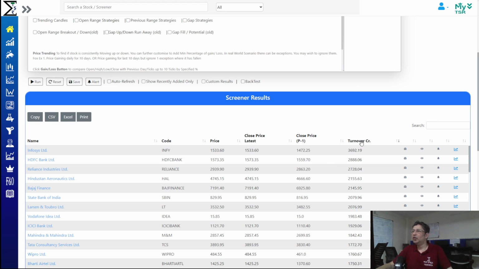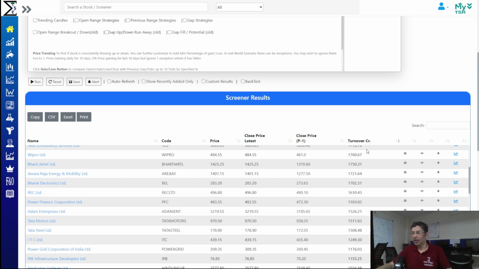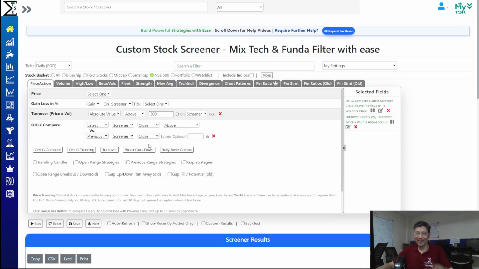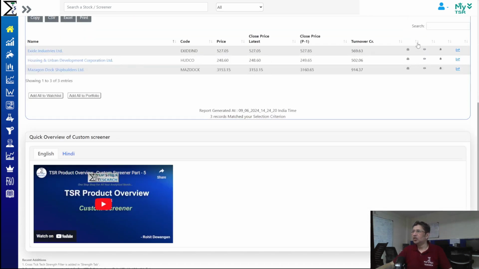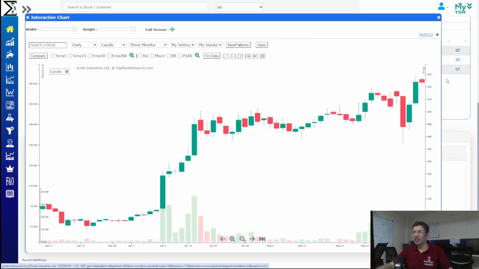When you look at some of the other turnovers, maybe when we look at companies above 500 crore turnover which have gone red, that means the close is less than the previous close. So we can go for below previous close, run it. You'll find there are three stocks where turnover was high, but eventually ended at a lower price than the previous price.